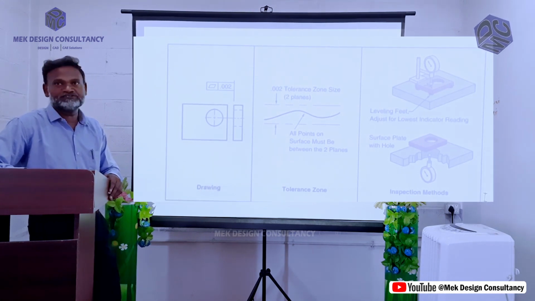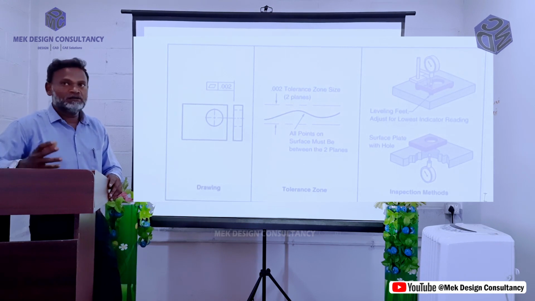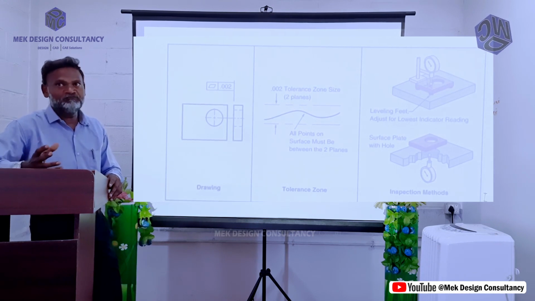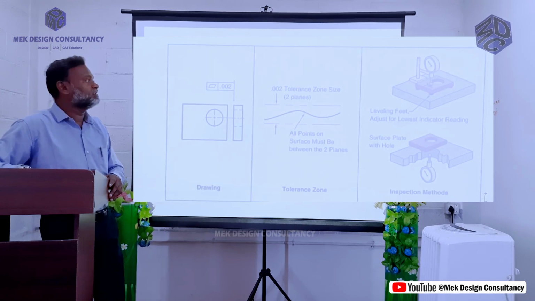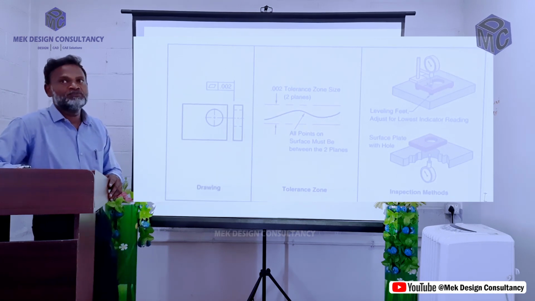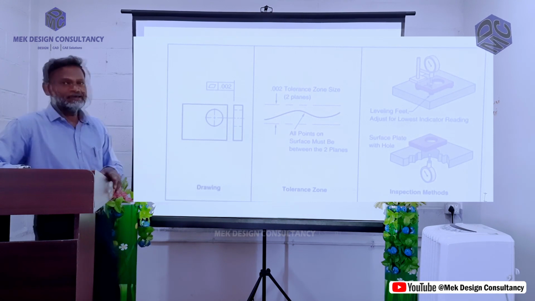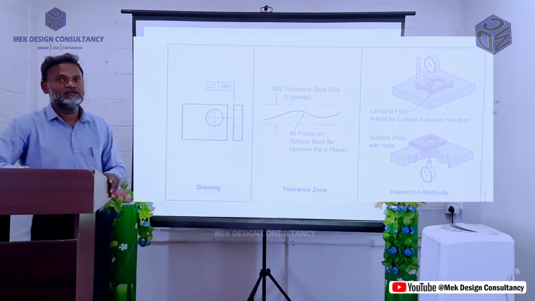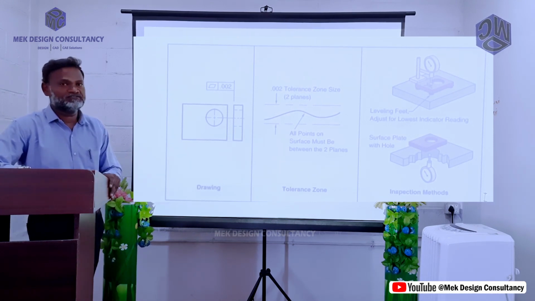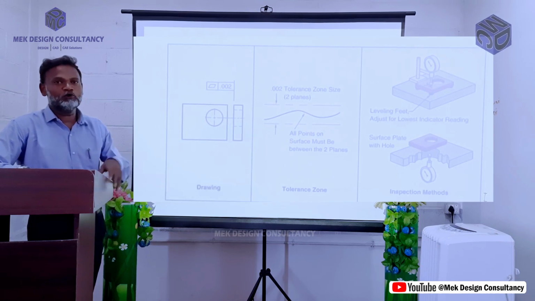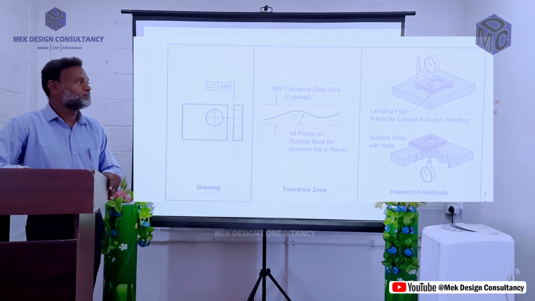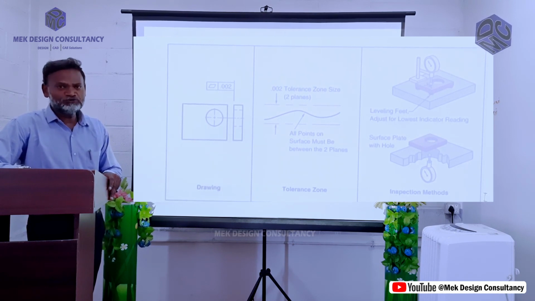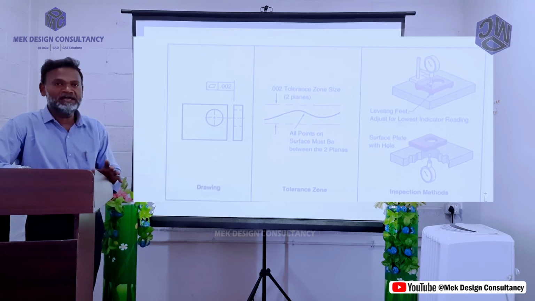In the quality control section, they check the manufactured component with measuring devices. Like here in this representation, just see that there is a dial gauge. The dial gauge should be fixed on the flat surface, and the component should be located with respect to the dial gauge, and by using the dial gauge the flatness should be maintained.